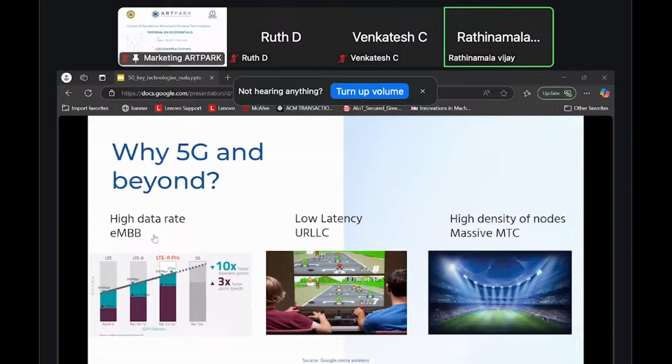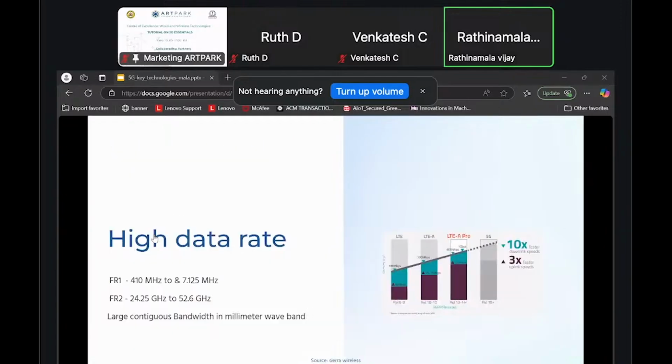Now, in order to achieve each of these requirements, we can see what technologies are needed, right? Based on this, we can classify those requirements as enhanced mobile broadband, ultra-reliable low latency, and massive MTC quality of service requirements, right?